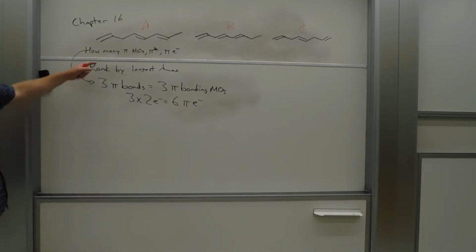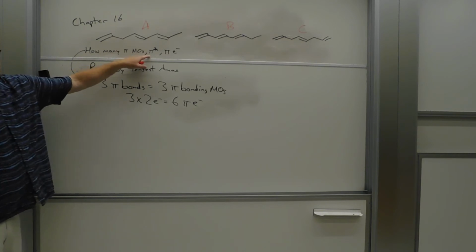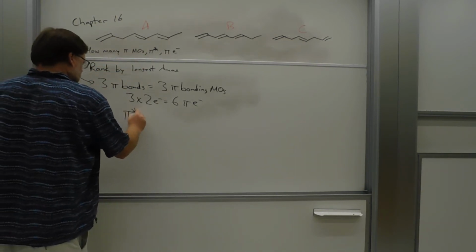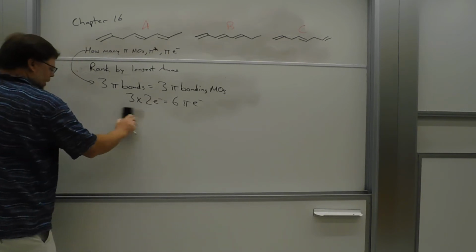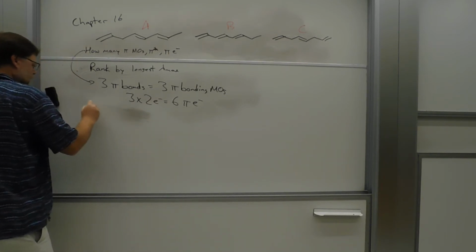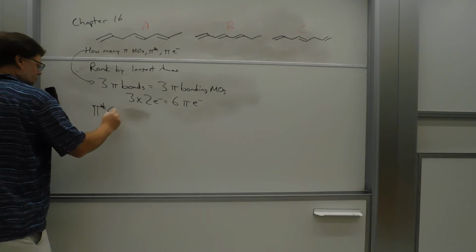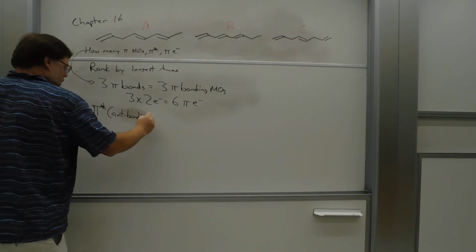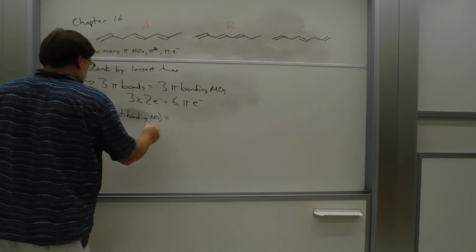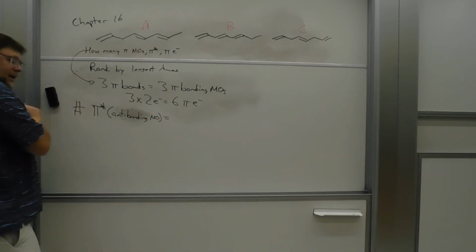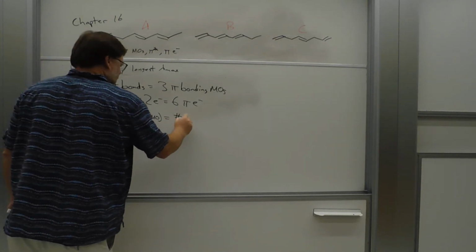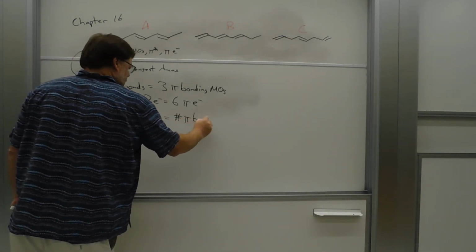And then finally, how many pi antibonding orbitals are there? Let me write this out a little better. Pi star, which is an antibonding orbital, the number of these, that's number, not hashtag, the number of those equals the number of pi bonding orbitals.